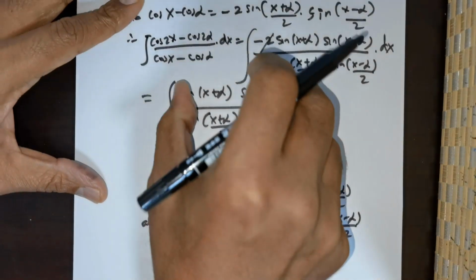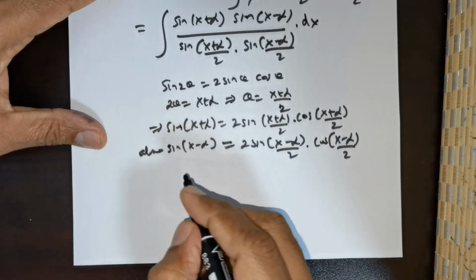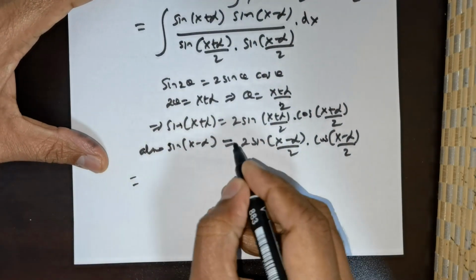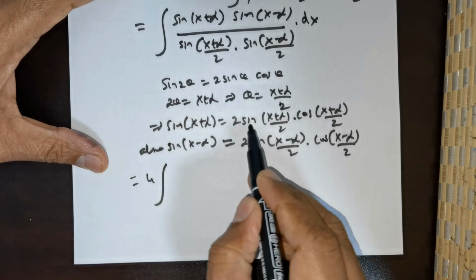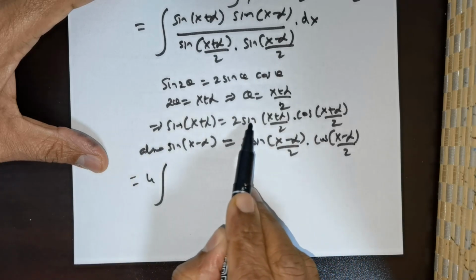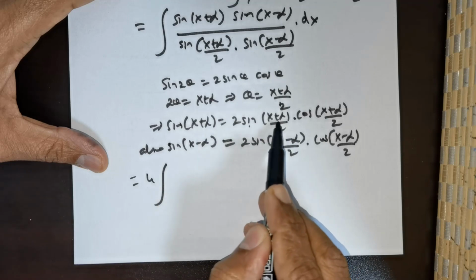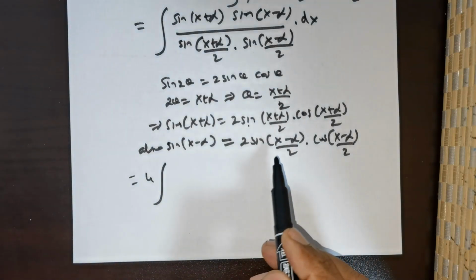So take these values and substitute it here. That is going to be equal to 2 times 2, which is 4, times the integral.